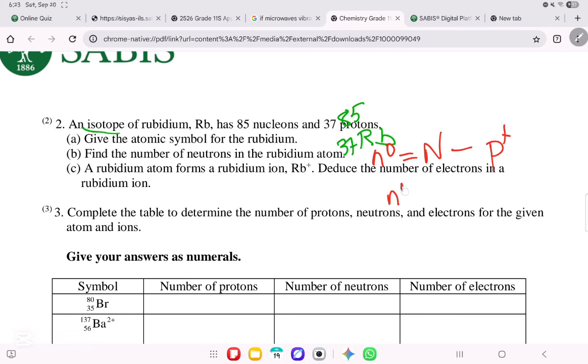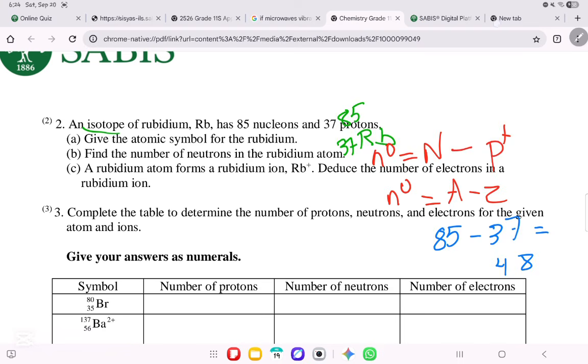Or we can say that the number of neutrons is equal to the mass number minus the atomic number. So in our scenario, it's 85 minus the atomic number or the number of protons, which is 37. So 85 minus 37, you are supposed to get 48 neutrons.